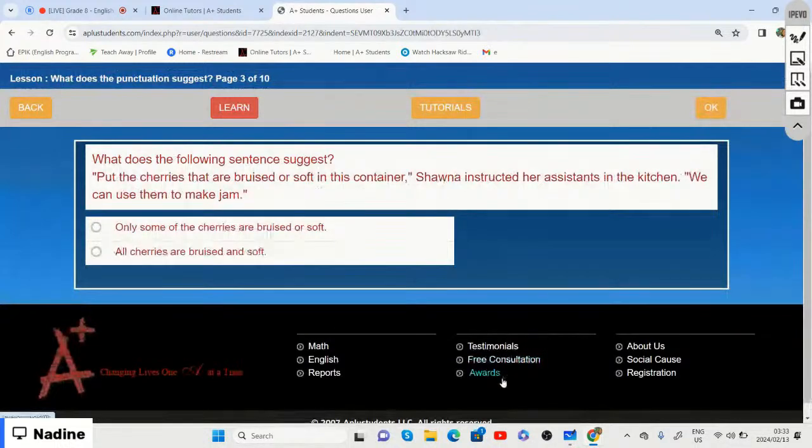Right? So what does the following sentence suggest? It says, put the cherries that are bruised or soft in this container, Shauna instructed her assistant in the kitchen. We can use them to make jam. So now we need to say what the following sentence suggests.